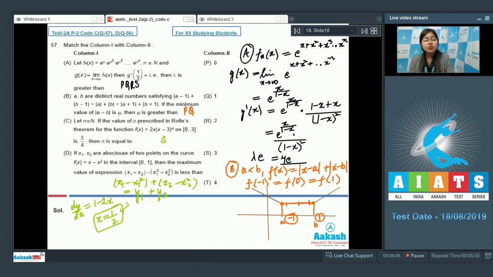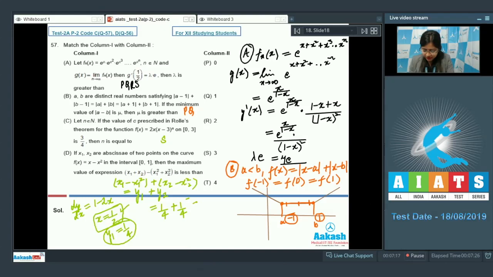At x equal to 1 by 2, the value of y1 is maximum, which means that y1 is equal to half minus 1 by 4, that is equal to 1 by 4. So the maximum value of this expression is 1 by 4 plus, if we have to take two distinct numbers, then it will be 1 by 4 minus h, where h is tending to 0.